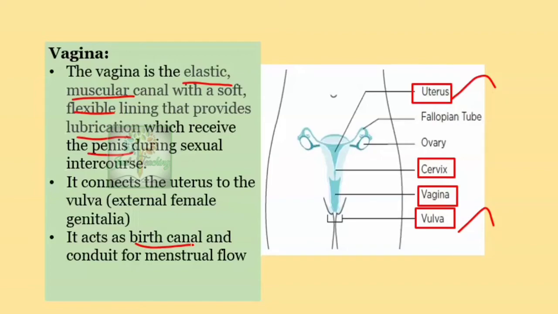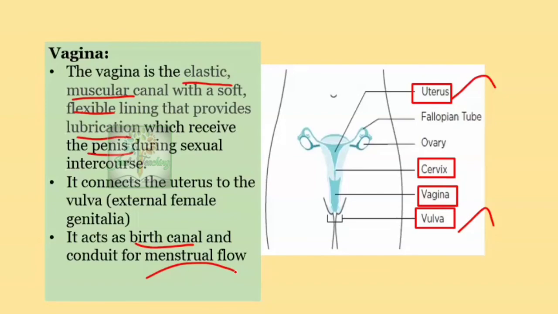Through this the fetus is expelled outside of the body. Apart from fetus delivery, the menstrual flow also happens through this. So it acts as an outway for both the fetus and the menstrual flow. So this is about the vagina.